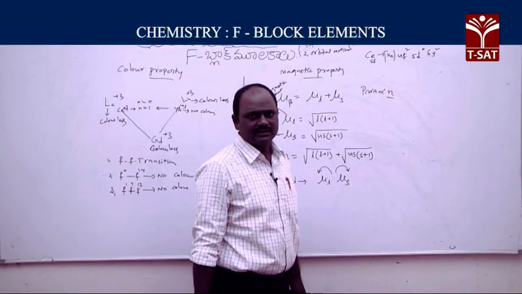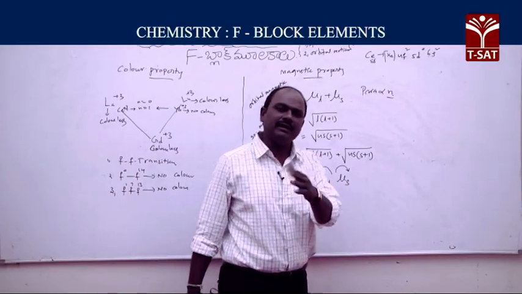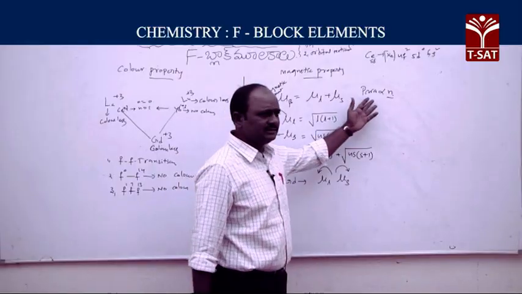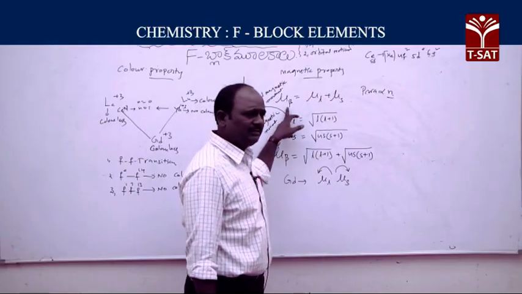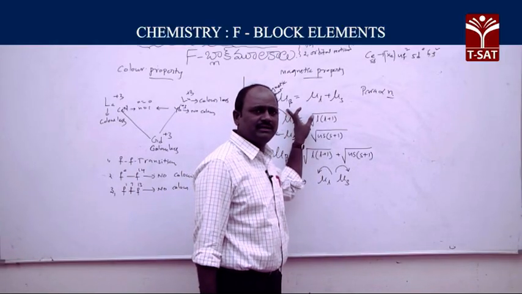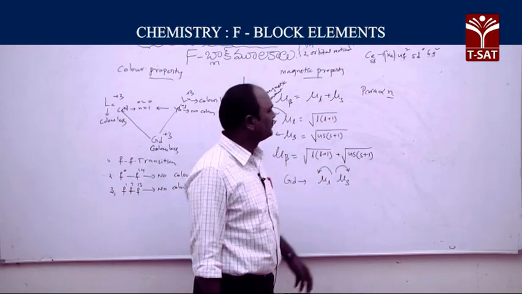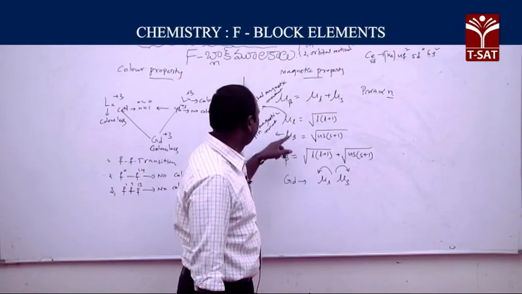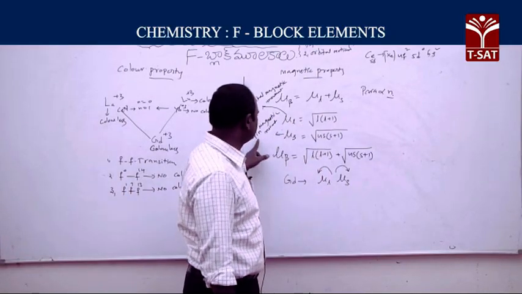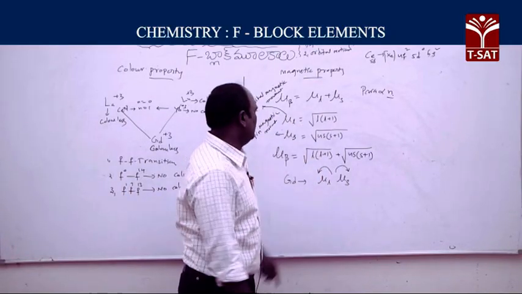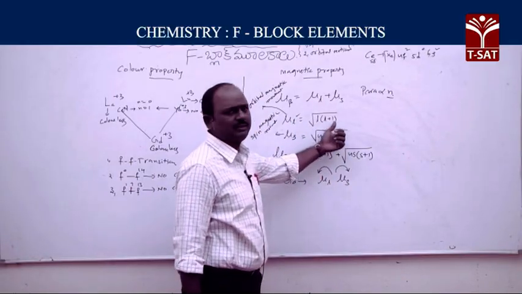If the paramagnetic nature increases, their magnetic moment is also increasing, which is represented by μB. To calculate the magnetic moment of the ions of the inner transition elements, μB is equal to μL plus μS. μL means orbital magnetic moment, μS means spin magnetic moment. To calculate the orbital magnetic moment, μL is equal to under root of L into L plus 1.